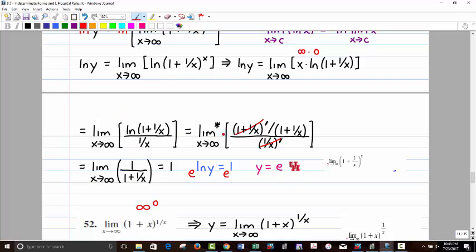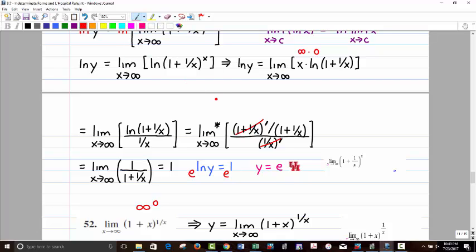So now I'm applying L'Hopital's rule to this right here. The derivative of natural log basically is u prime over u. So it's the derivative of the inside over the inside. So I wrote it as a derivative: the derivative of (1 plus 1 over x) over (1 plus 1 over x), and the bottom is the derivative of 1 over x. Now I canceled these two out again. I found a little shortcut there. But why could I do that?